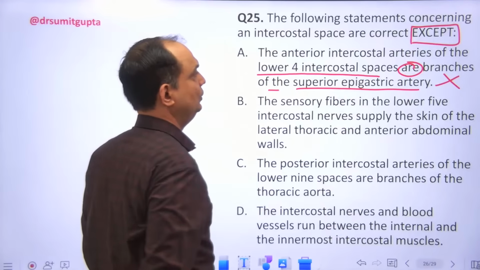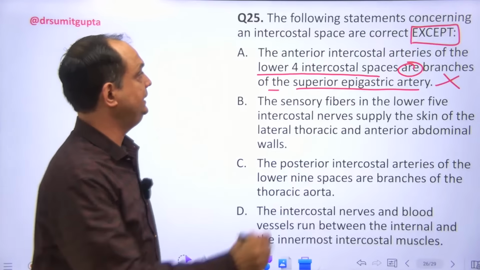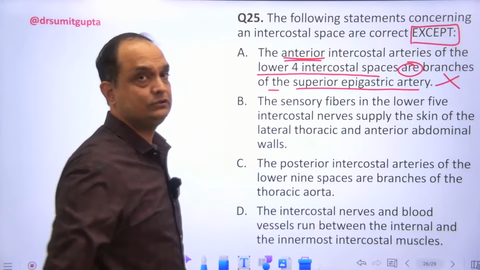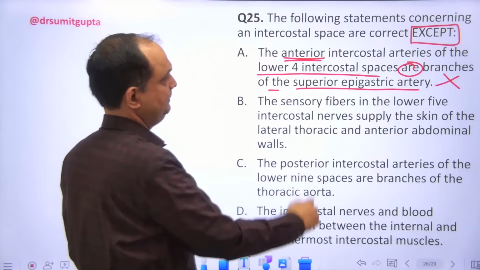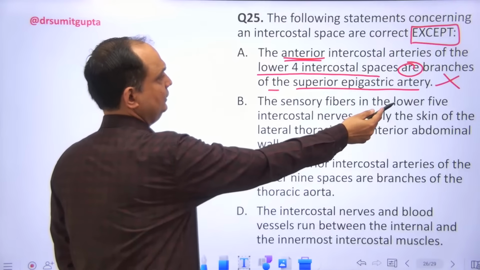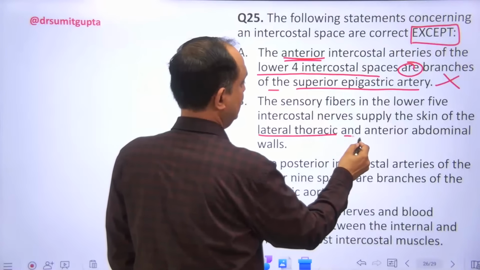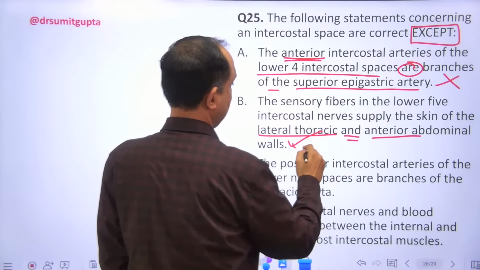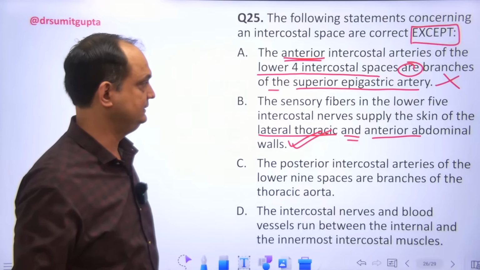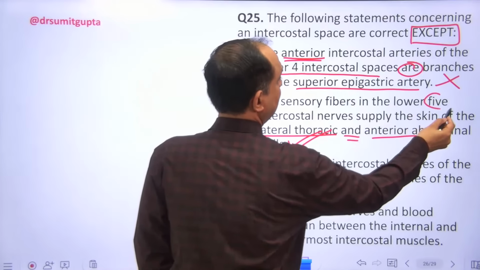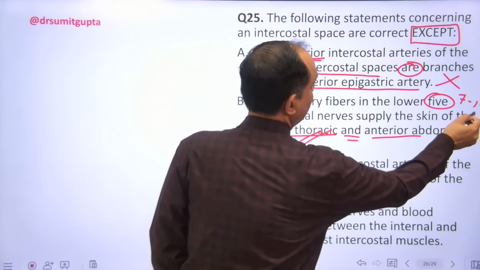Because the lower anterior intercostal arteries are generally branches of the musculophrenic, not the superior epigastric. The sensory fibers in the lower five intercostal spaces supply the skin of the lateral thoracic as well as the anteroabdominal wall. Yes, I just told you, thoracoabdominal nerve. It is right, and these are the lower five, meaning 7 to 11.